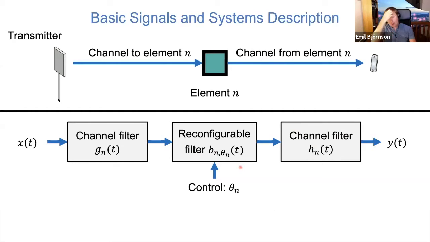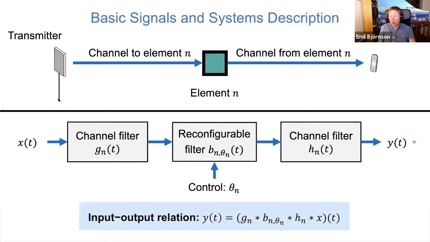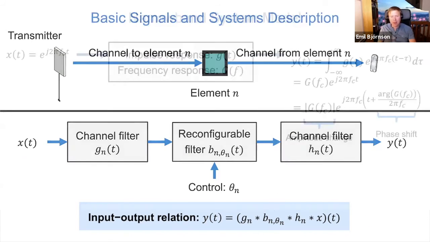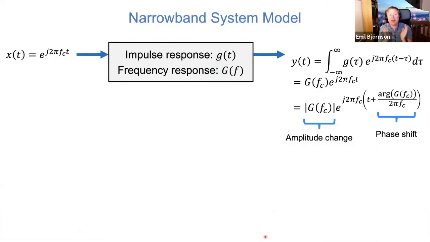Then we know from signals and systems that the received signal y of t is going to be a convolution between the different impulse responses of the filters here and the transmitted signal. So this is what we are going to be receiving. Let's focus for simplicity on a narrowband system where the signal that we're sending is just a complex exponential, e to the power of j 2 pi f_c t, where f_c is the carrier frequency in the complex baseband and t is time.